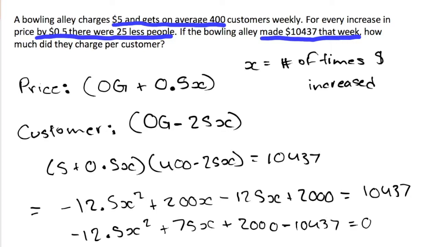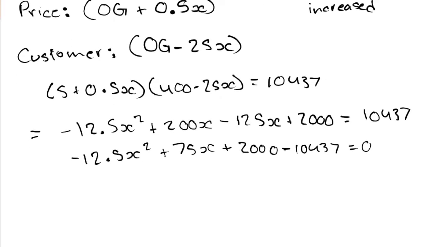So 2,000 minus 10,437 is equal to negative 8,437. So this can be written as negative 12.5x squared plus 75x minus 8,437. This is a really long equation.